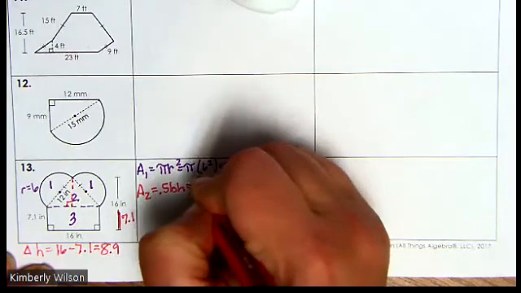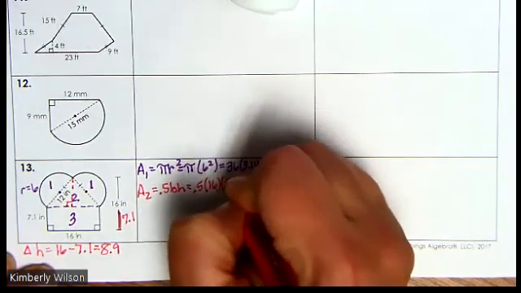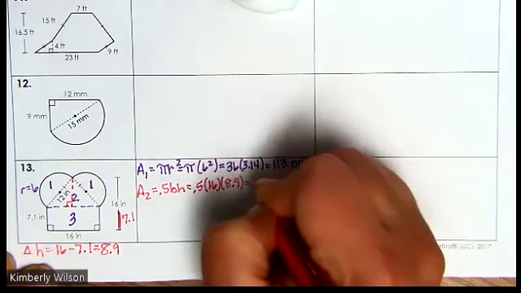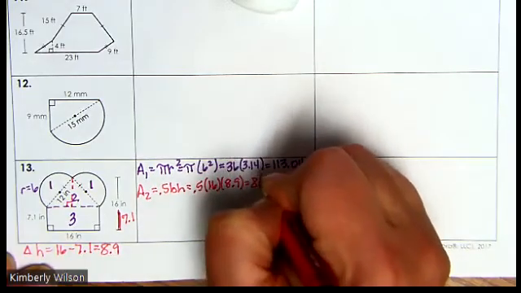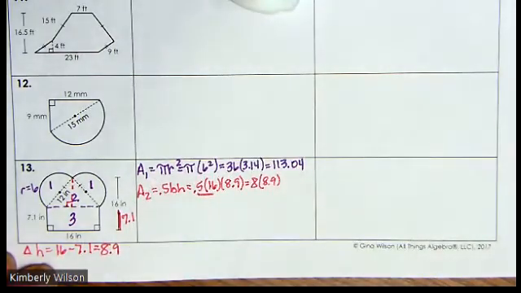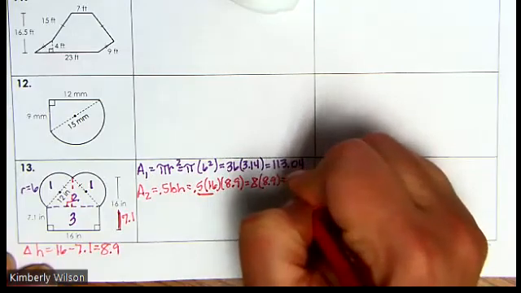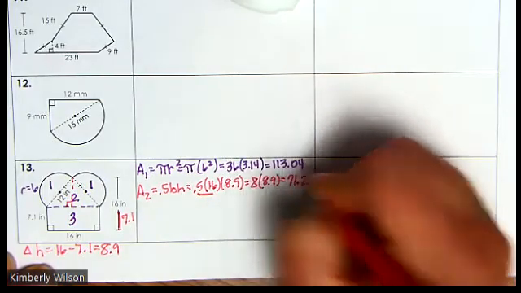So now I can figure out. I'm going to be doing 0.5 times 16 times 8.9, which is going to give me 8 times 8.9, which equals 71.2.